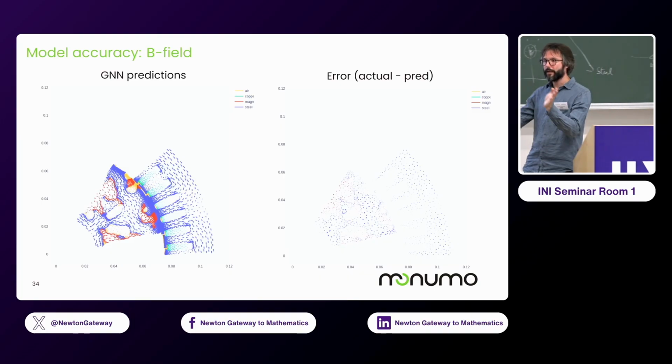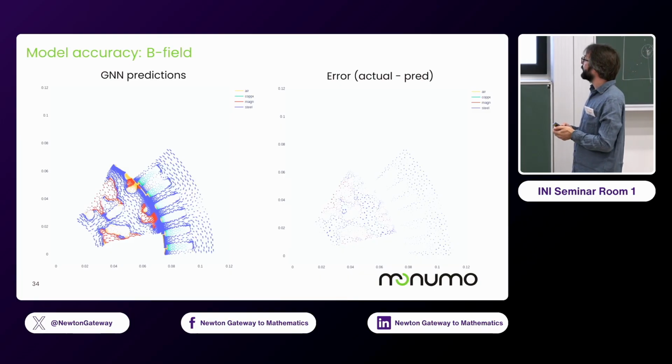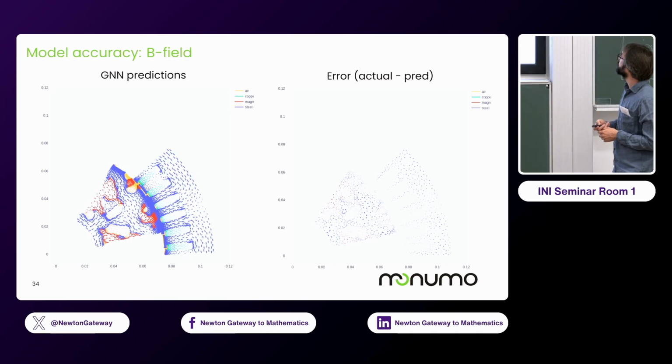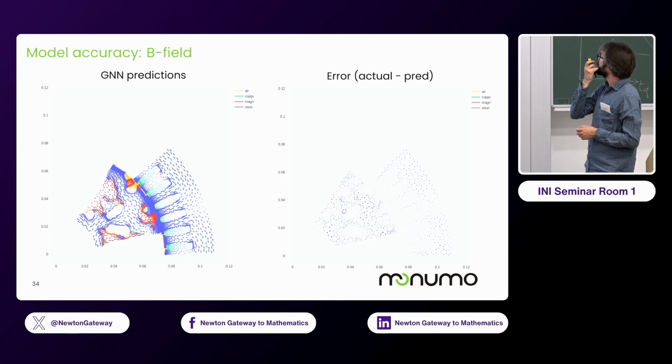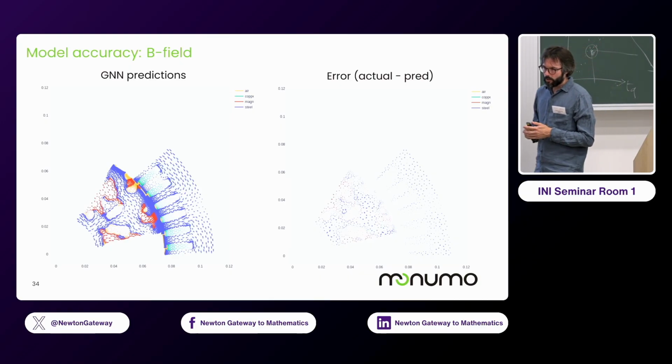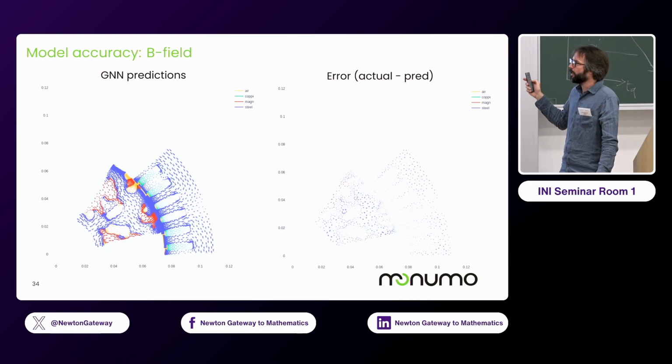Then from A, we derive B. So that's the predictions we obtain from the GNN on the left, and on the right-hand side, it is the error. It's not exactly the error on B; it's the error on B times the cell area.